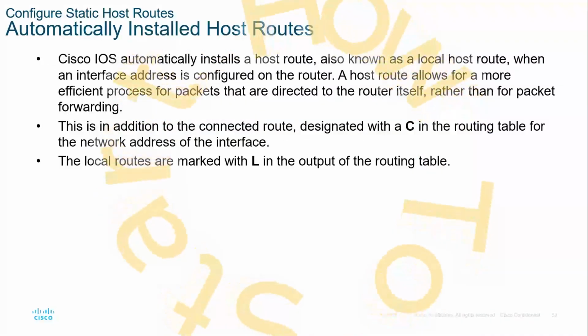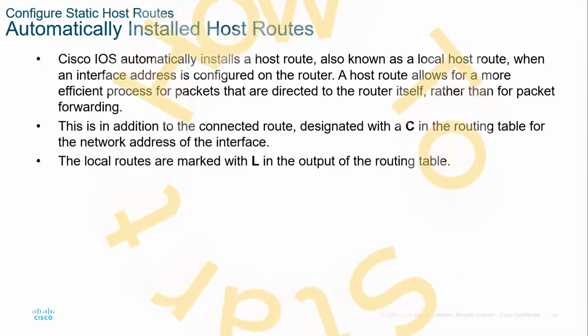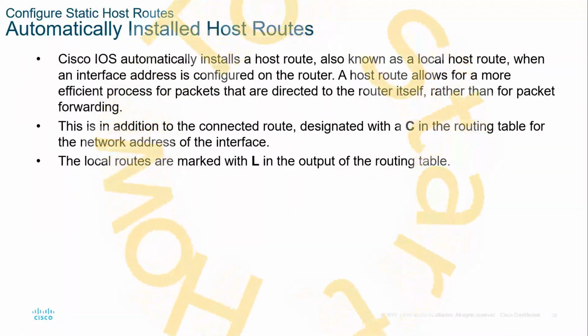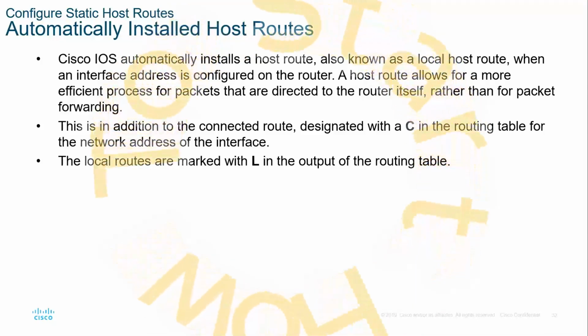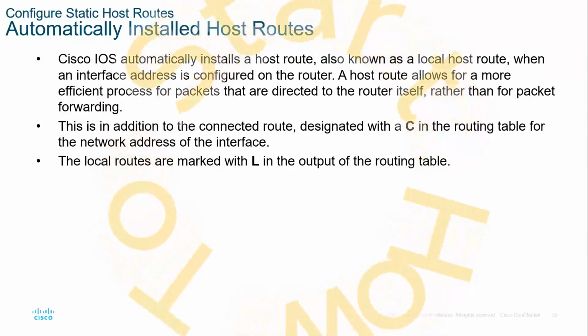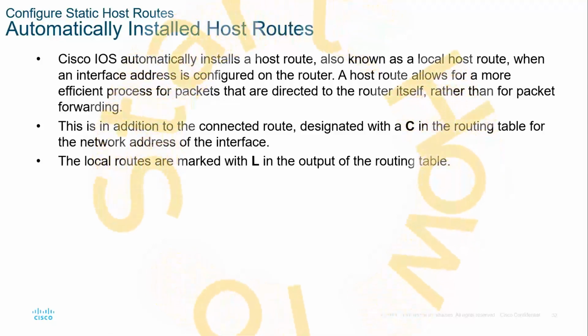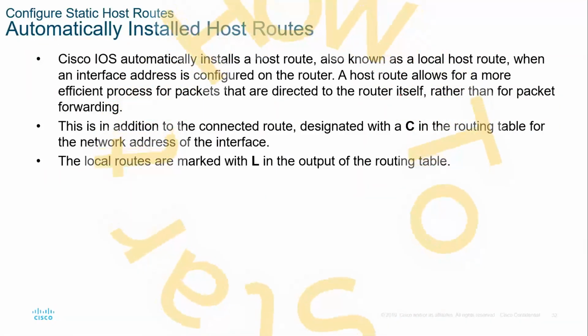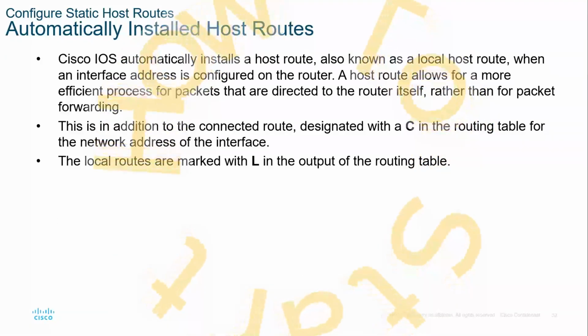So with Cisco IOS, automatically installed host routes are known as local host routes. These are going to be distinguished with an L in our router table. So if we're dealing with directly connected routes, they're going to be C. If they're local routes, they're going to be L.